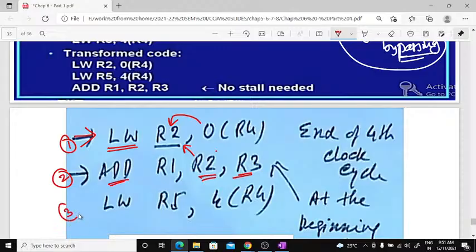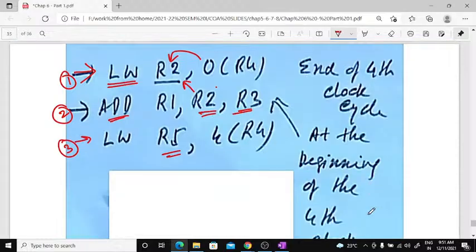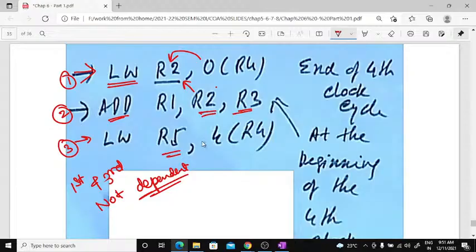Then the third instruction is load R5, loading the R5 register. So you can observe the first instruction and third instruction are not dependent. There is no dependency.